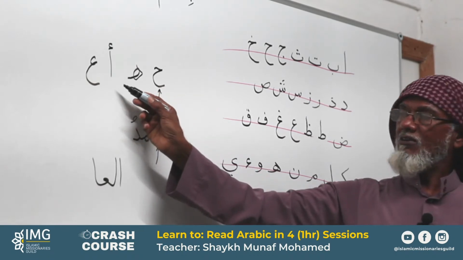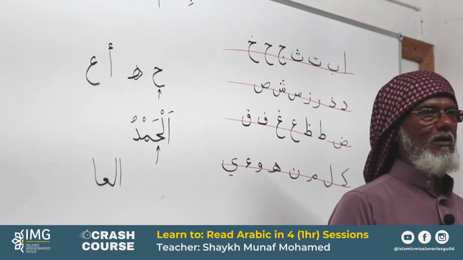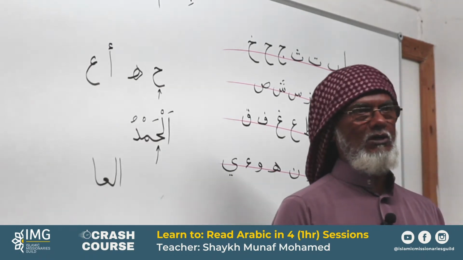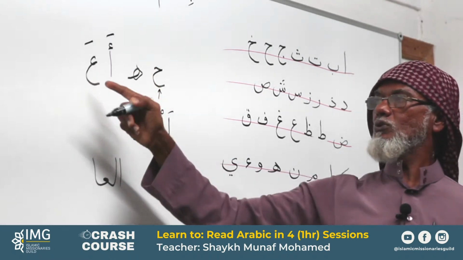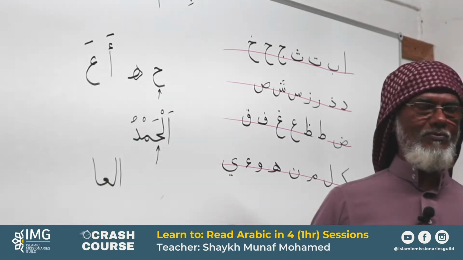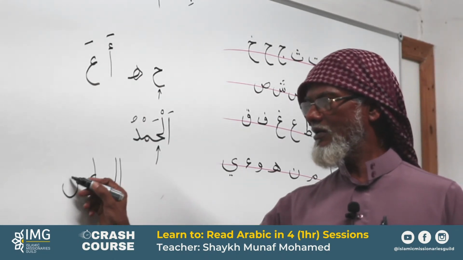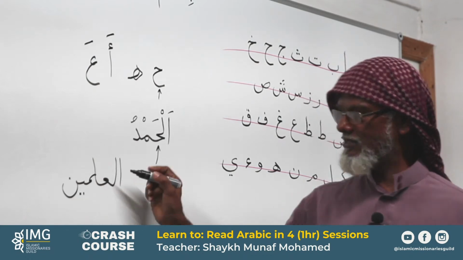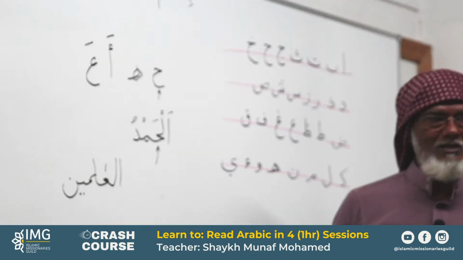If you read each letter with a vowel, it will help you to distinguish between the two. This is a, and this one is a, and a. So, for example, this is al-alameen. It doesn't have the elongation, the alif separate. They have a little alif here like this.